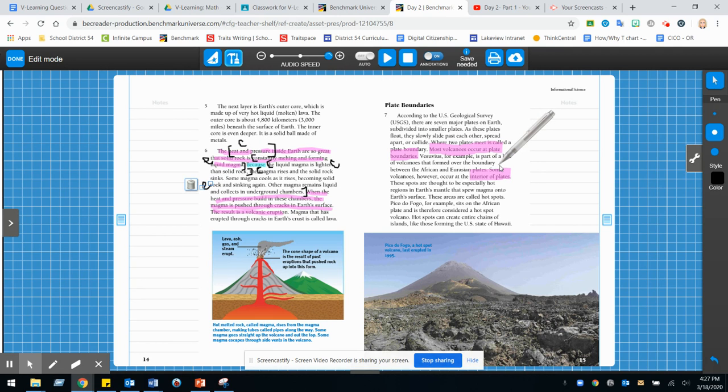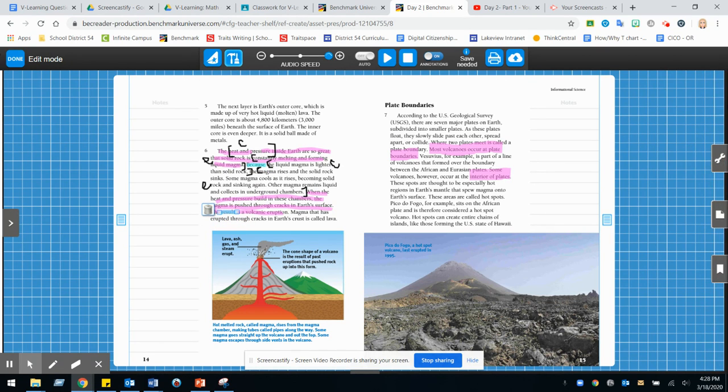I'm going to continue reading here. I'm right here in the pink. When the heat and pressure build in these chambers, the magma is pushed through cracks in Earth's surface. The result is a volcanic eruption. So I'm going to go ahead and look here. I see another one of my signal words, the result. So that's telling me that there has to be a cause and effect within here.